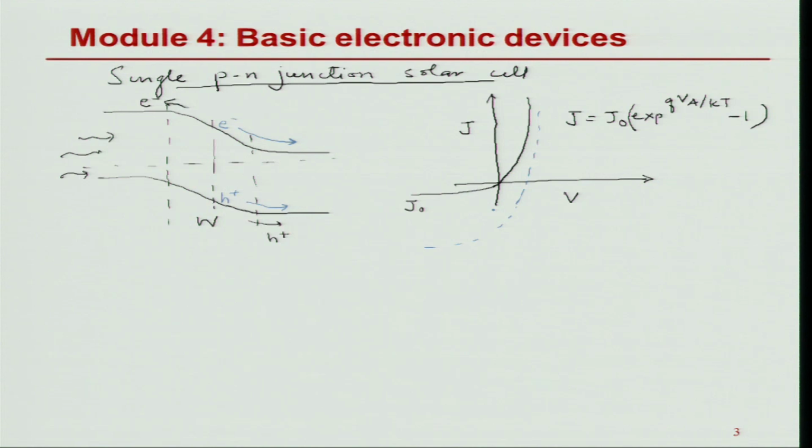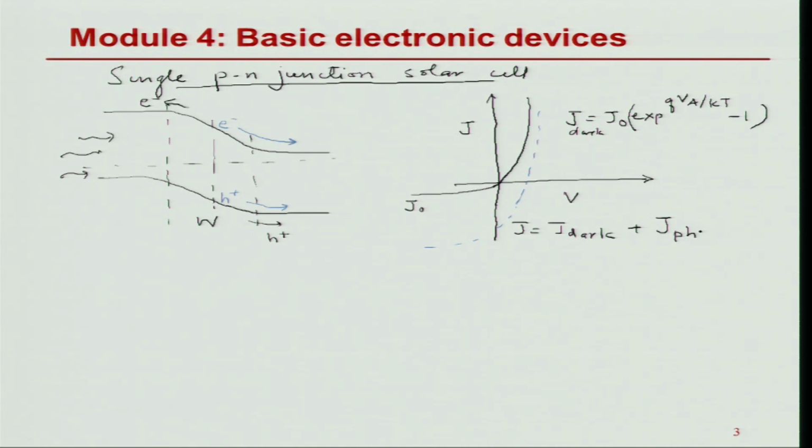So due to the light, I am generating a current which is whatever was its dark current given by this term plus a current due to light photons.